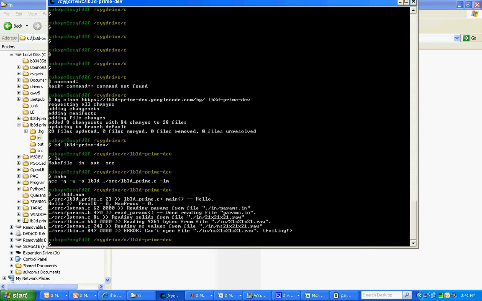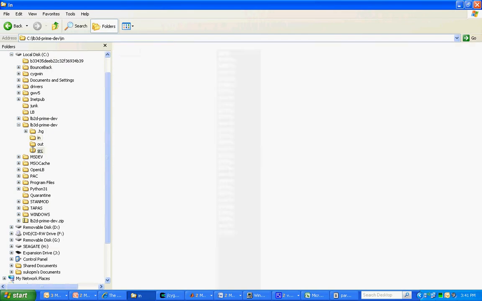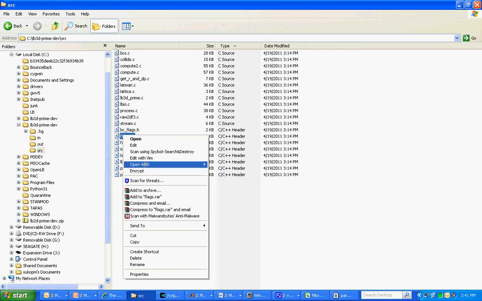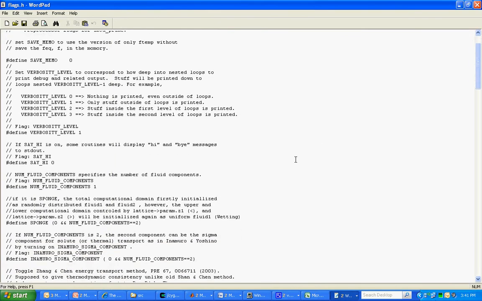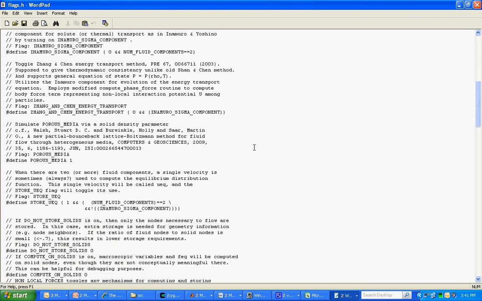So this gives us an opportunity to go back to the flag. Well, it's set for a single component, but with a different option for a macroscopic porous media set. Single fluid component. And let's turn this porous media off.